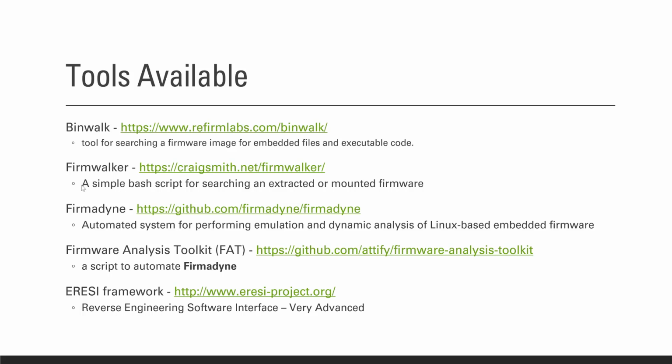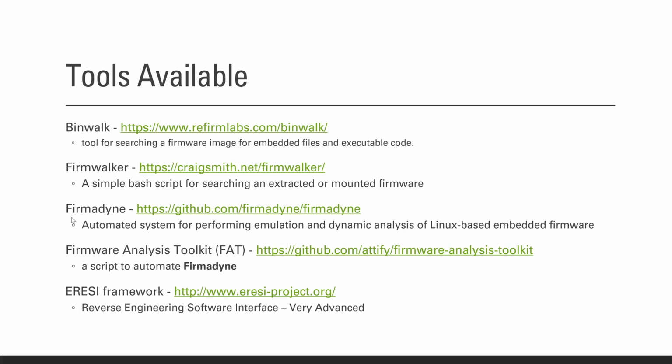The next is Firmwalker, and Firmwalker is essentially a script for searching an extracted or mounted firmware, making your life a little easier as an analyst instead of having to go hunt and search for everything manually. Firmadyne is an automated system for performing emulation and dynamic analysis of Linux-based embedded firmware.